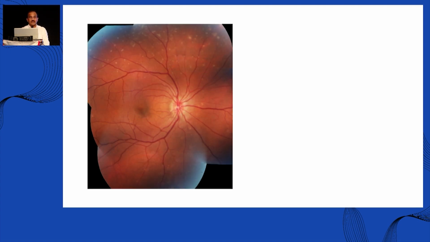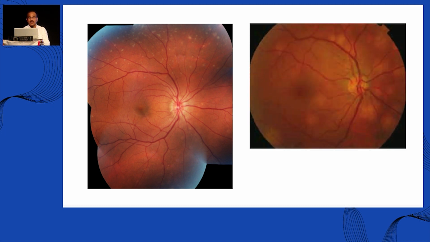Now look at this. You can see a CSR. Raise your hand if you say this is CSR. I will put another picture. So both cases, I don't know whether it is clear. In this case, on the first picture, on the left hand corner, you can see the CSR, a kind of serous detachment.